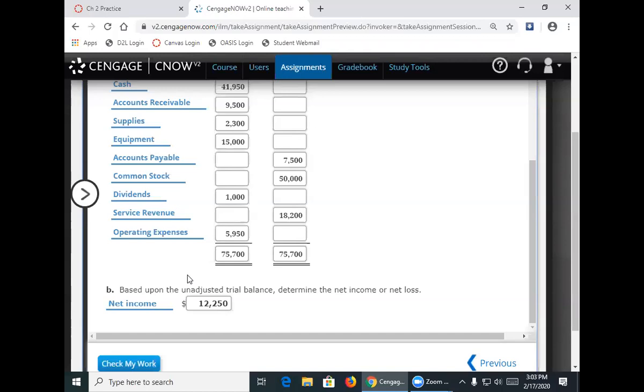But that service revenue or fees earned is always your full revenue. And then it's always just revenue minus expenses. But yeah, it is tricky because you do think cash. Well, I earn cash. But we could get cash from selling equipment or selling common stock. That's not revenue.